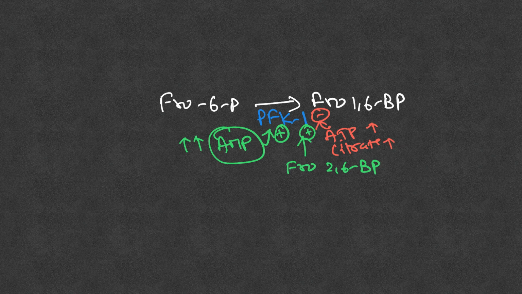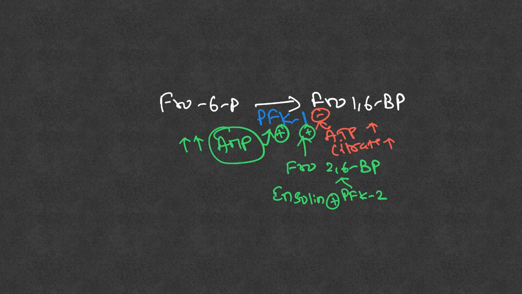Whenever we are in fed condition, insulin will have a positive effect on the enzyme PFK2, phosphofructokinase 2. It positively modulates PFK2 and makes sure fructose 2,6 bisphosphate is synthesized by PFK2.